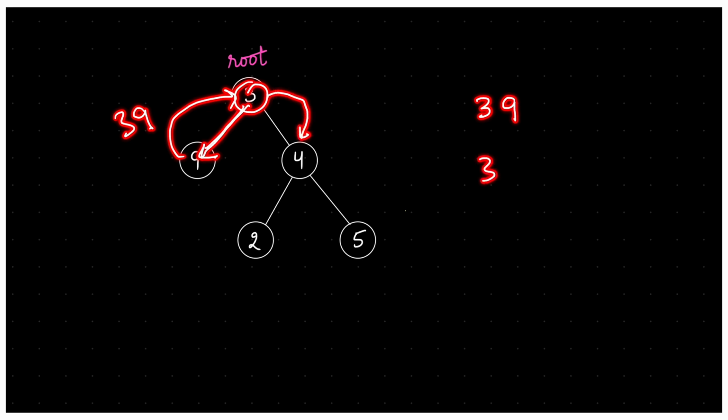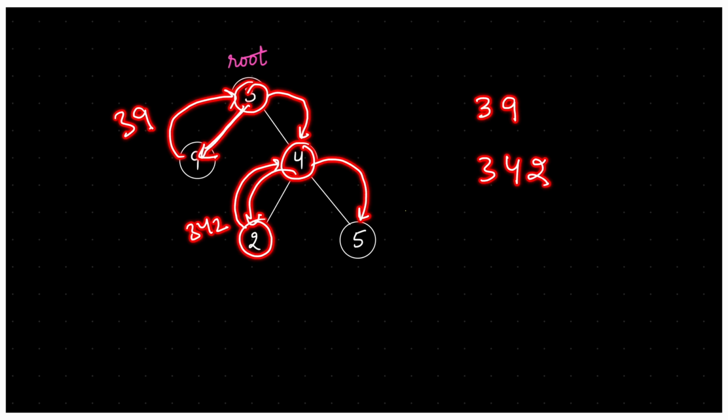Initially the sum was 3, then we come to this node and it becomes 34, then we go to the left and it becomes 342. Because this node is a leaf node, we return this sum from here. Eventually this would be 342, then we cover the right path, and it would be 345, and we return 345 from here.